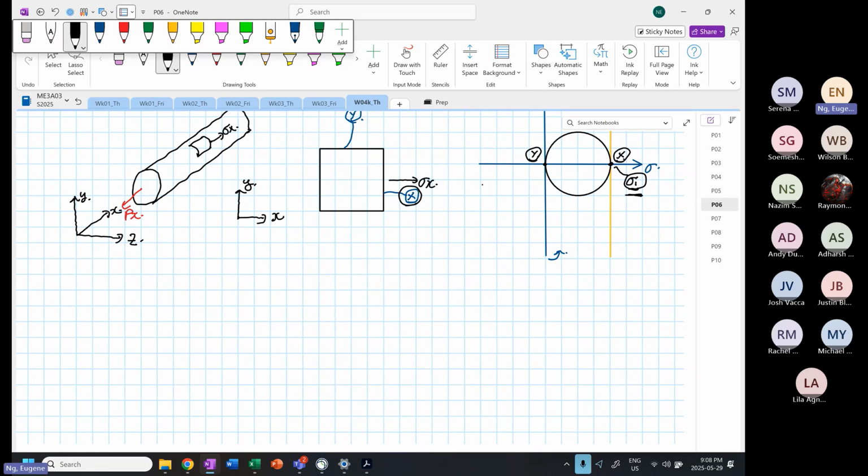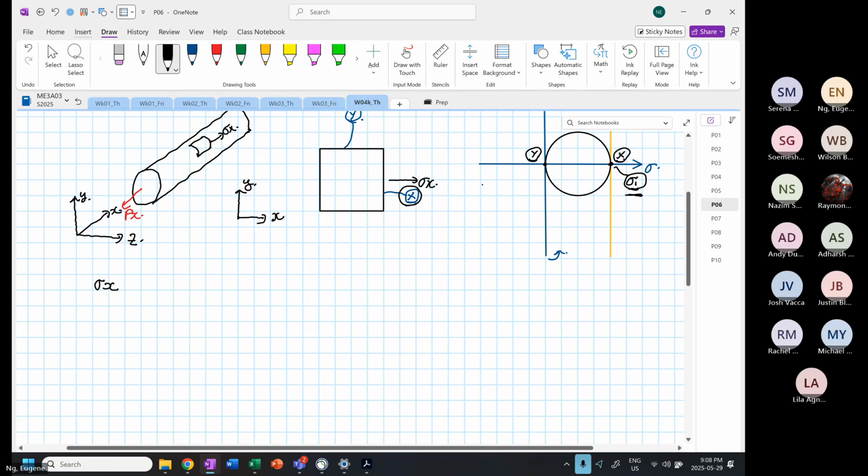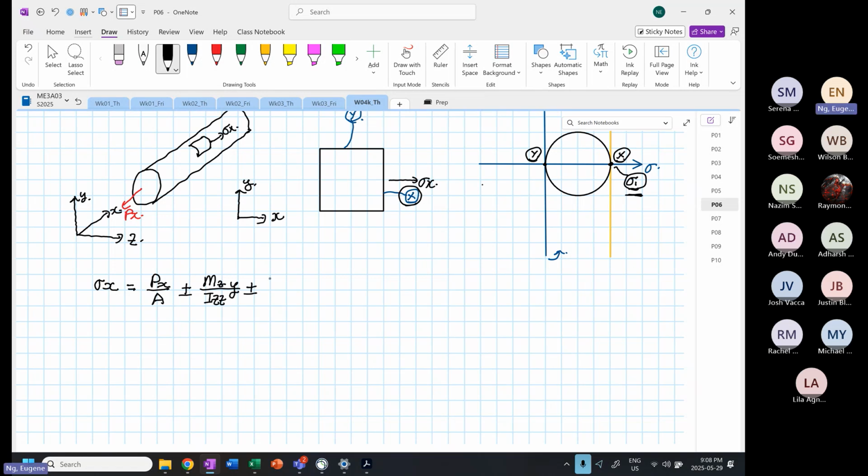Before I go on, this normal stress that we get comes from a load formula that looks like this: Px over A plus minus Mz over Izz multiplied by Y plus minus My over Iyy multiplied by Z. In case some of you wonder, this is based on combined loading.